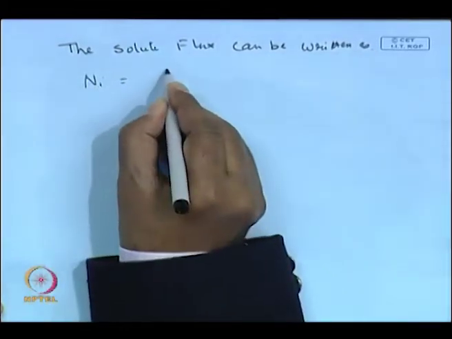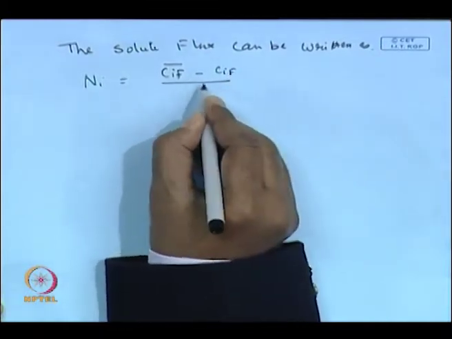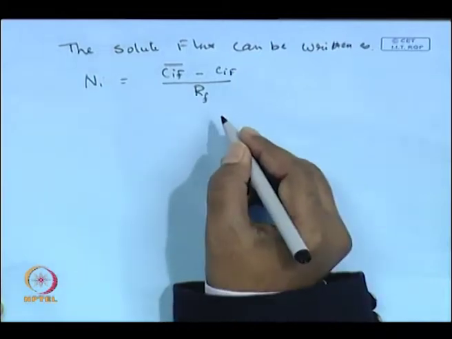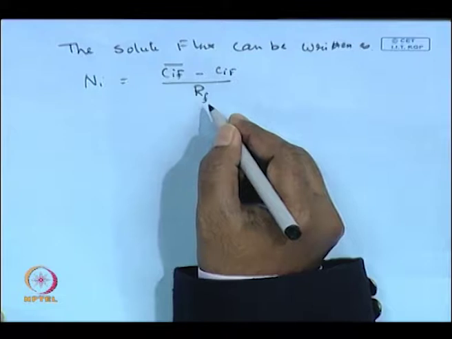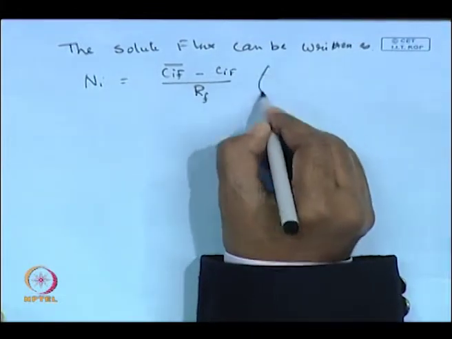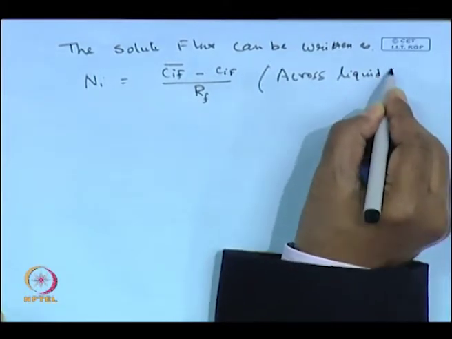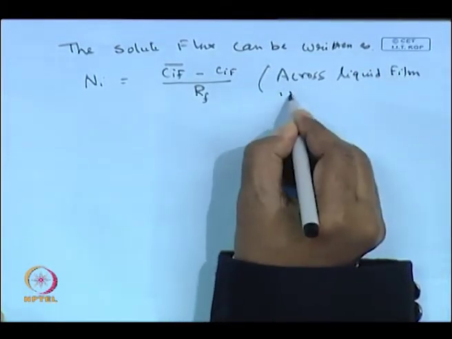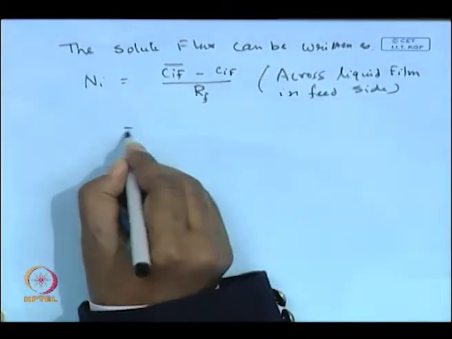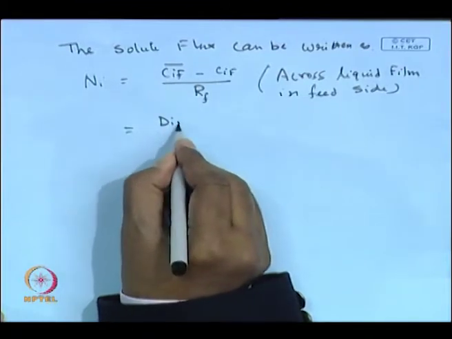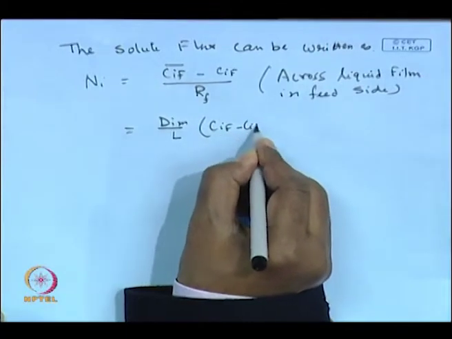Ni is Ci bar minus Cif divided by the resistance in the film side. We call it the film resistance in the feed side, Rf. That is across the liquid film in the feed side. The same will be equal to Dim over L multiplied by Cif minus Cid.